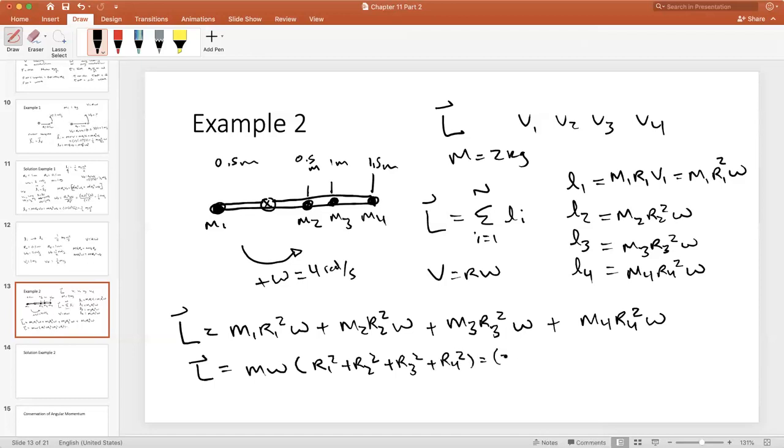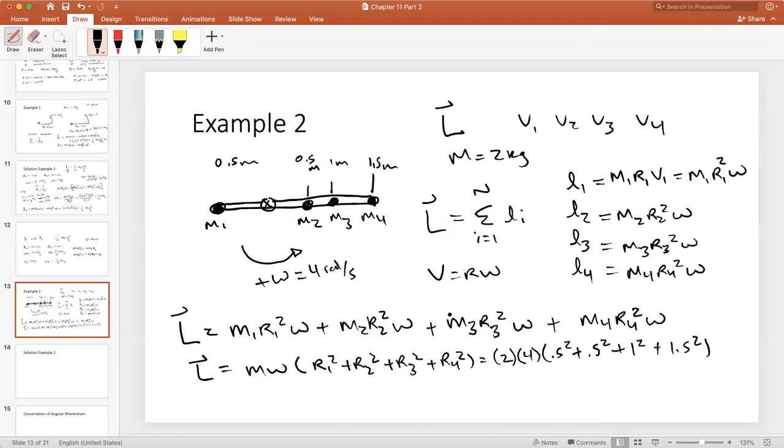And that gives me 2 times 4 times 0.5 squared plus 0.5 squared. Note that even though this is minus in the opposite direction, it's still 0.5. It's the distance from the axis. Then plus 1 squared plus 1.5 squared.